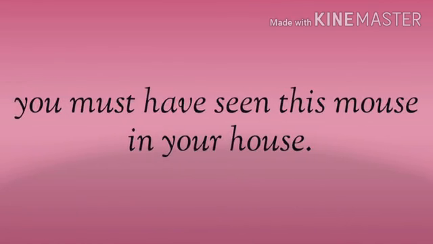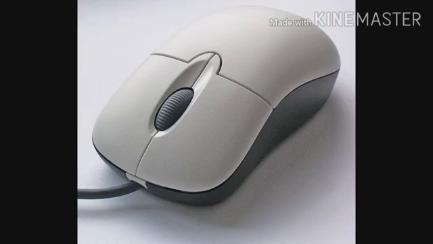Computer mouse is the part of the computer that helps us to draw pictures and point at things on the monitor. Look, this is a computer mouse. So, what is this, students? This is a computer mouse.